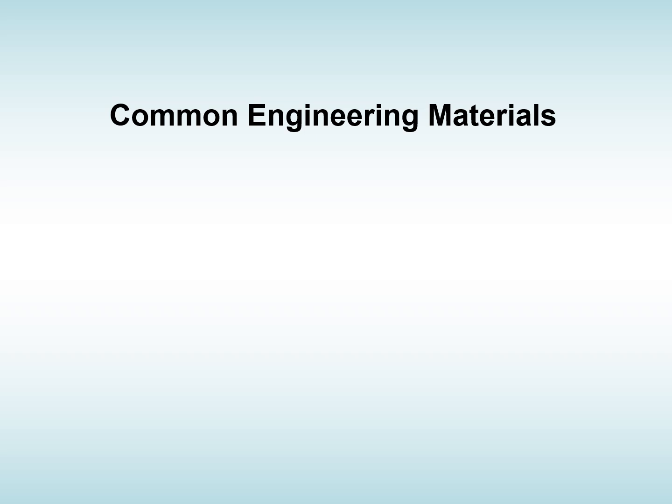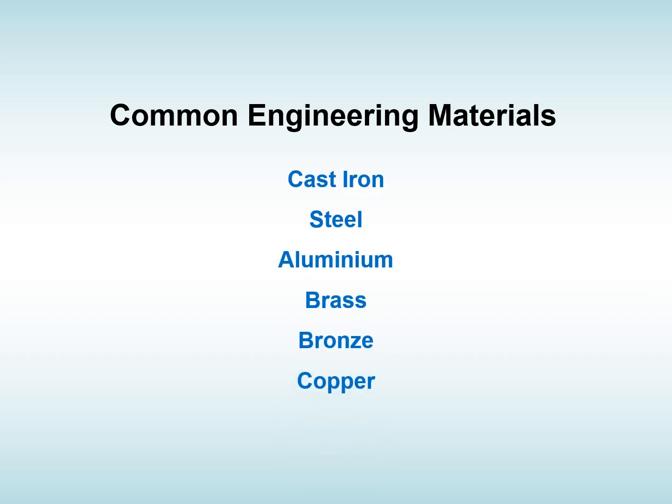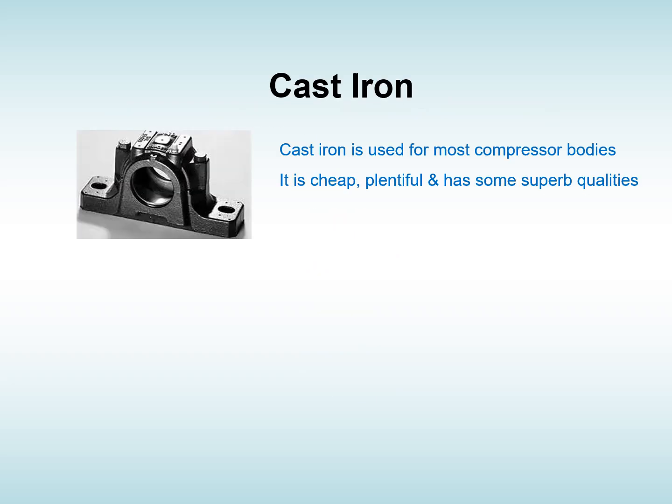So we'll start by looking at some of the common engineering materials that you're likely to come across. Starting off with cast iron, steel, aluminium, brass, bronze, and copper. Now, cast iron is used for most compressor bodies.